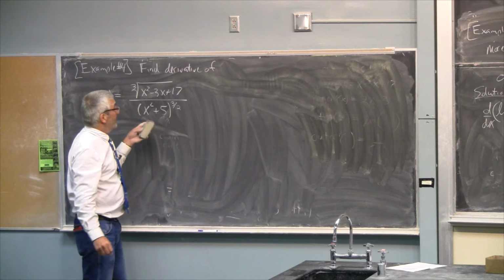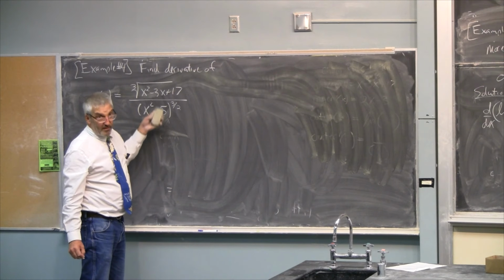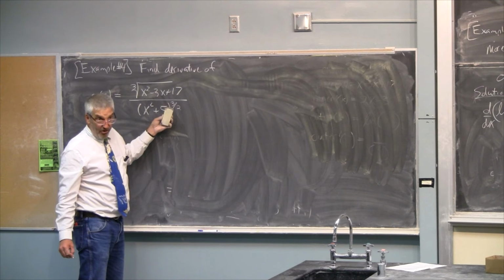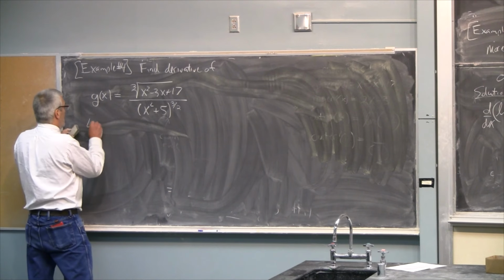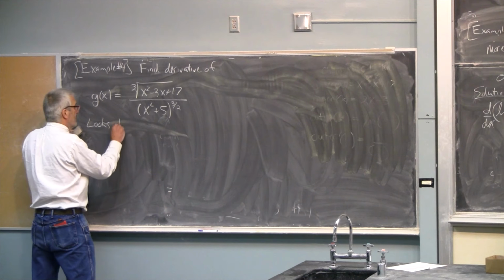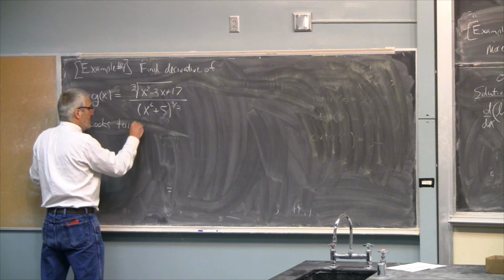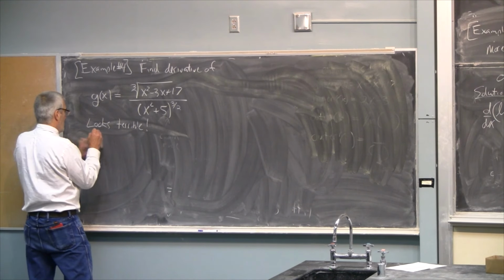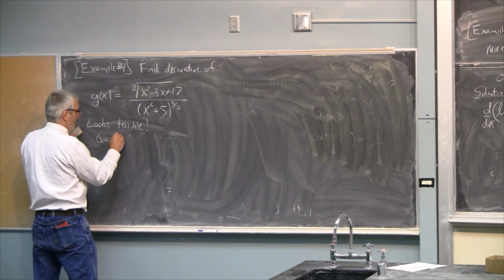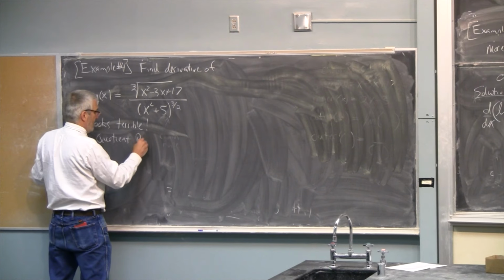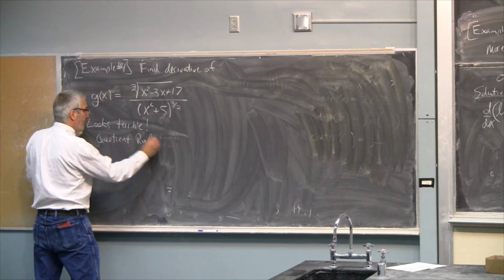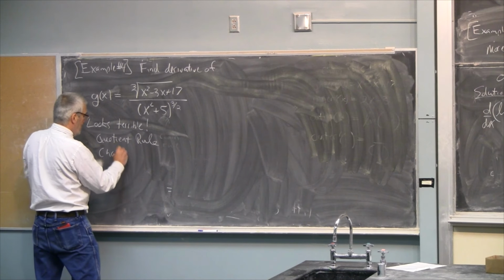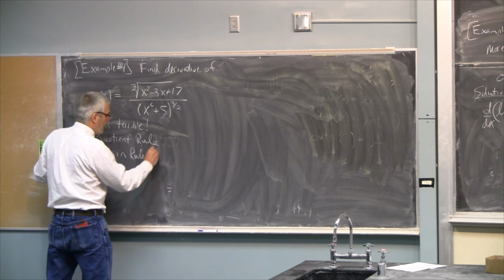But the thing is, if you look at this, it still looks terrible because it's a quotient rule and 2 chain rules. So quotient rule and the chain rule twice.